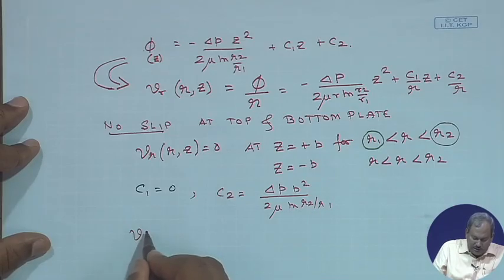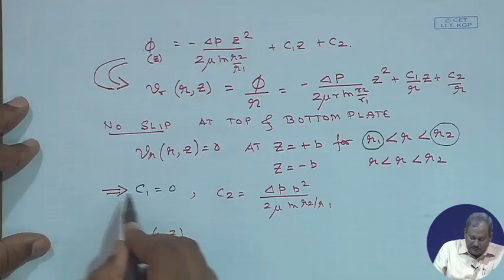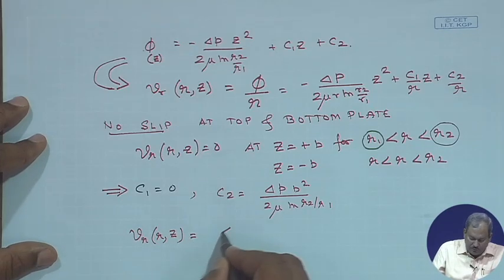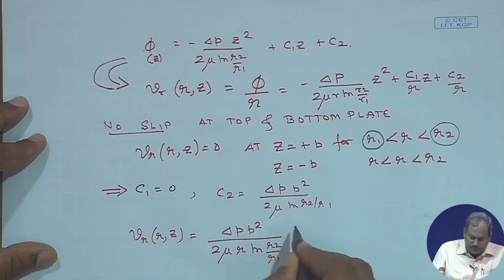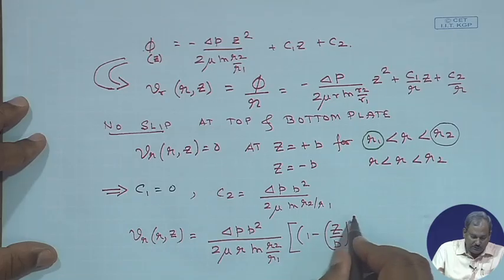So, your Vr, which is a function of r and z, with these expressions for C1 and C2 would finally come to be delta p b square by 2 mu r ln r2 by r1 times 1 minus z by b whole square.